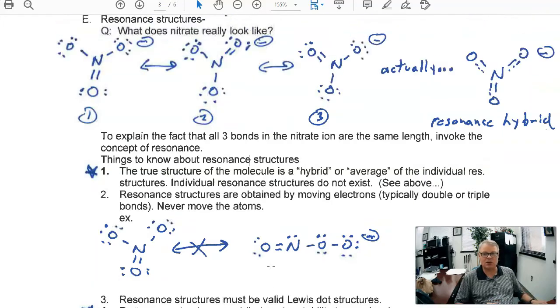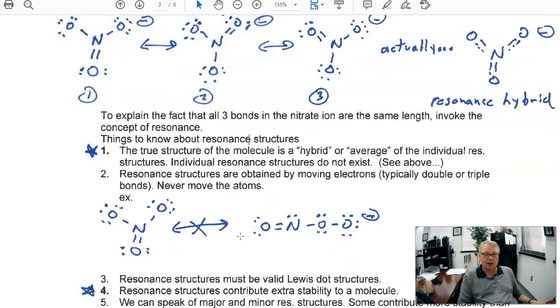Notice our resonance structures up here, they're all valid Lewis dot structures. I have 8 electrons around each oxygen and 8 electrons around the nitrogen. So if you try to move a double or triple bond and you don't get something that's valid, then you know it's not a resonance structure. If you do, then yeah, it could be a resonance structure.